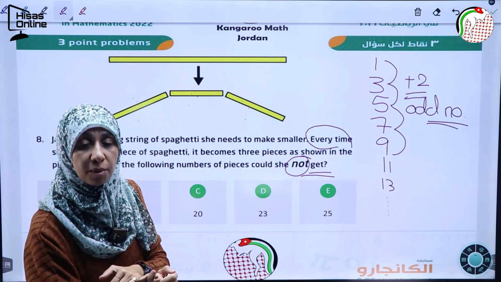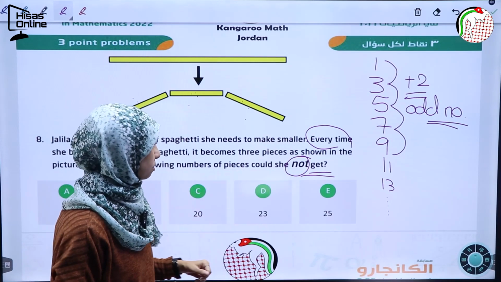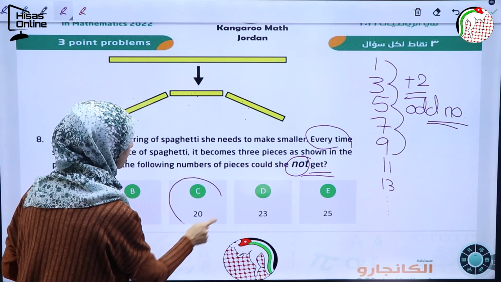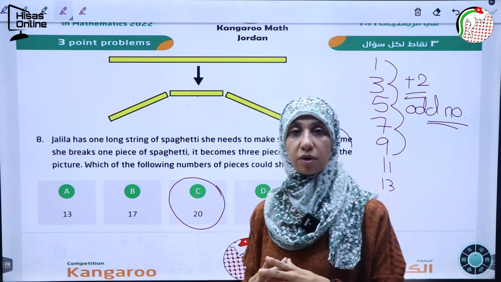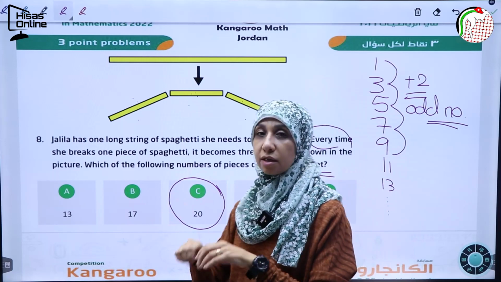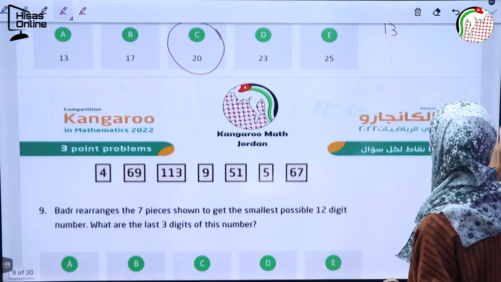So I'm adding 2, and I'm having as a result odd numbers. Looking at the options here, the only even number is C, which is 20, and this is the only number that is impossible to result while Jalila is cutting her spaghetti. Moving to question 9.